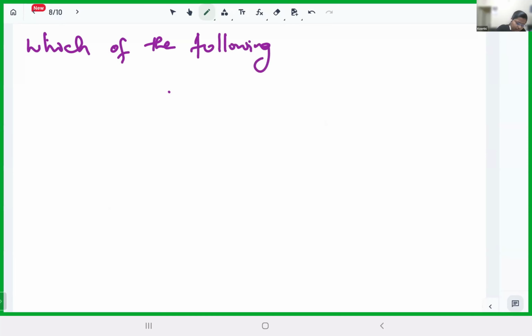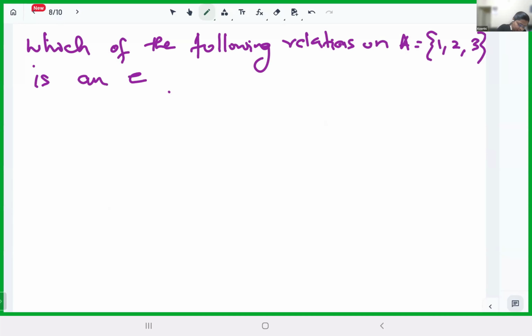Which of the following relations on A equal to set {1, 2, 3} is an equivalence relation? The first option is (1, 2), (2, 3).